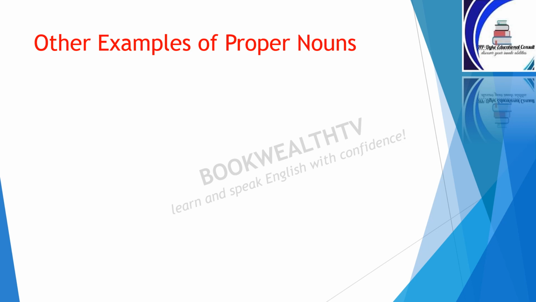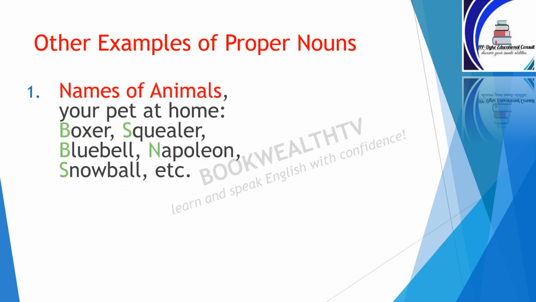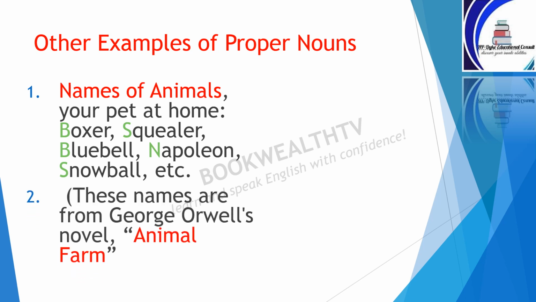Other examples of proper nouns: names of animals: your pet at home, boxer, squirrel, bluebell, Napoleon, snowball, and so on. These names are from George Orwell's novel, Animal Farm.